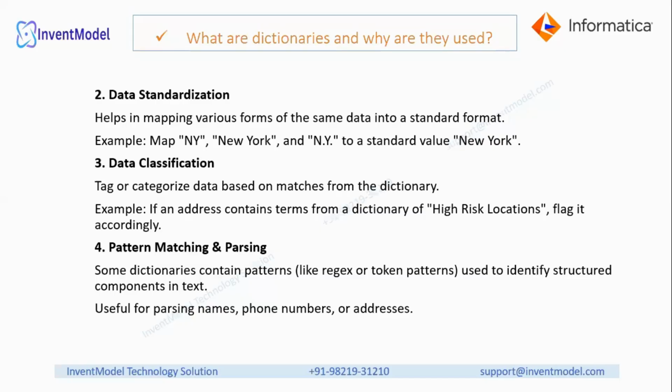Some dictionaries contain patterns like regular expressions or token patterns, used to identify structured components in text. Suppose we are getting some text from a call center, like: I like iPhone 16 Pro Max, RAM size, suppose we want 8 GB.